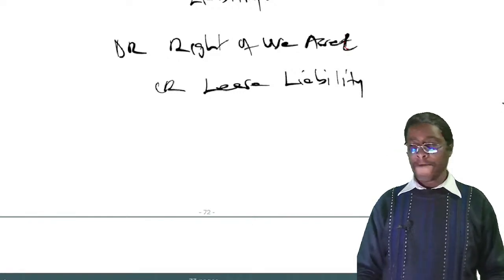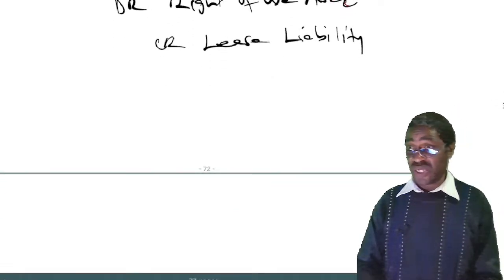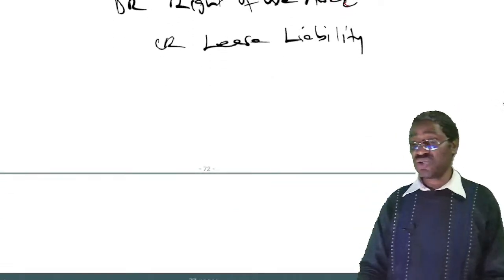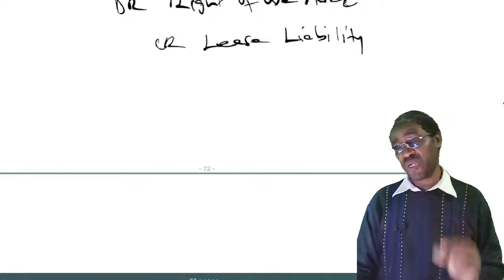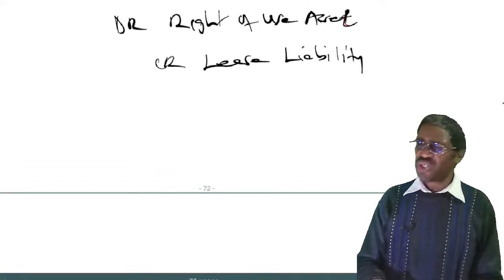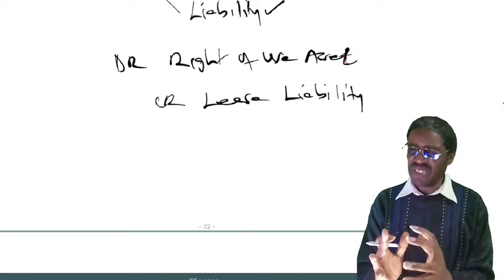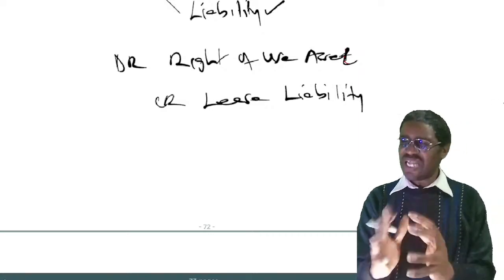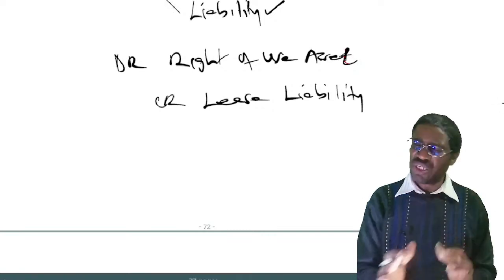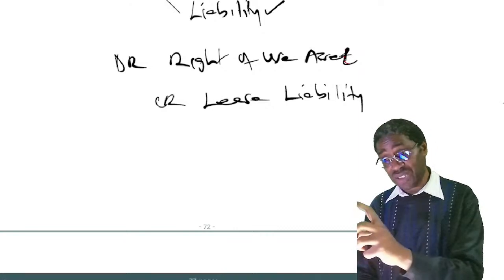Good. Now let me go to the most critical part of the topic. That was just the introduction. Now we are going to some of the critical parts. So the question is this: how do you determine the amount to be recognized as a lease liability, and how do you determine the amount to be recognized as the right of use asset?